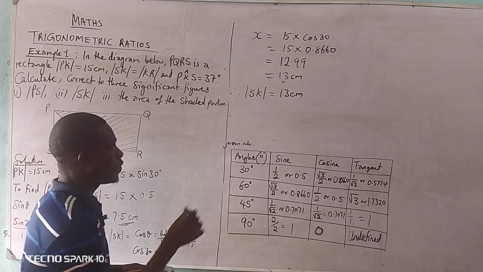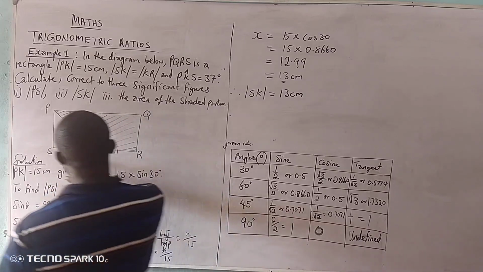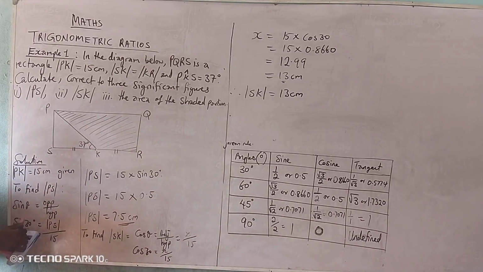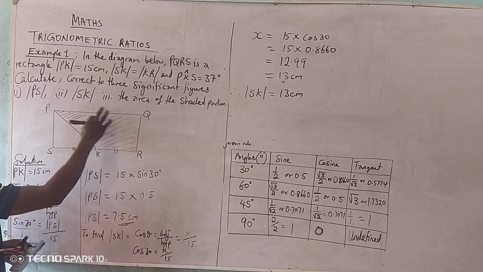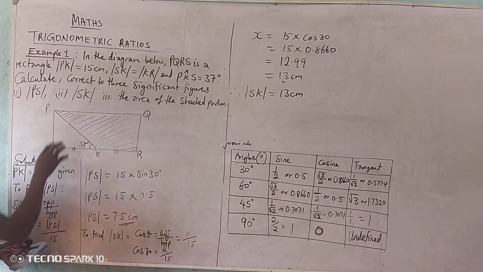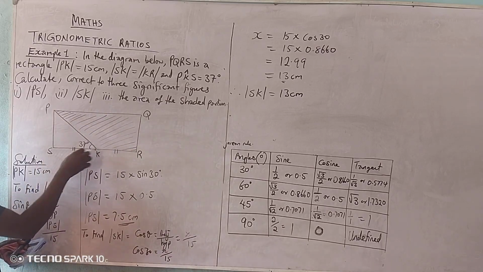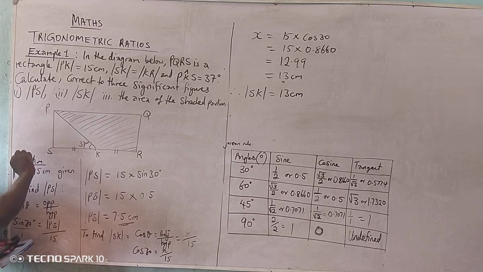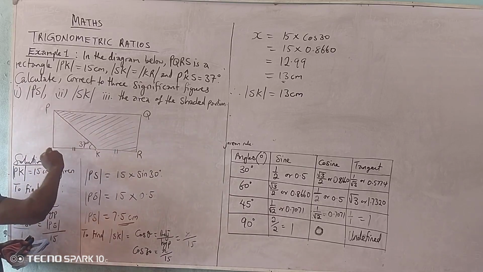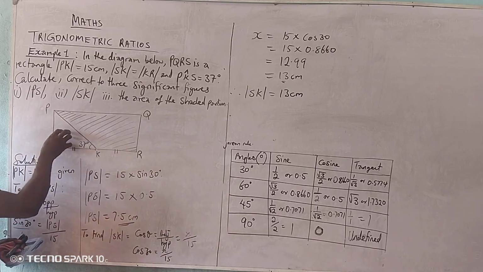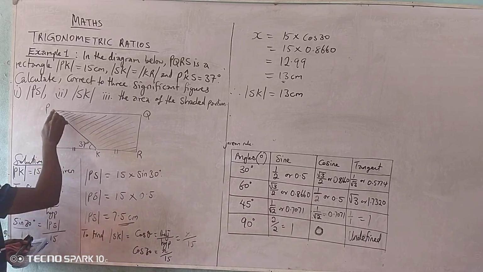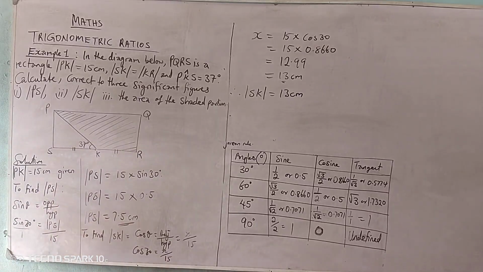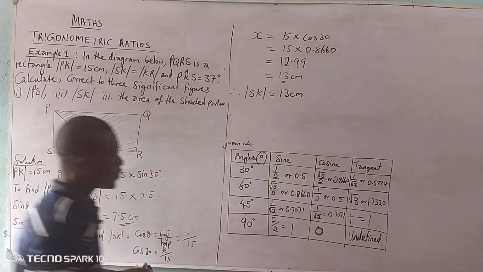To find the area of the shaded portion, we either find the area of the whole rectangle, then subtract the area of the triangle from it, or we simply find the area of the trapezium. So I'm going to use both formulas to solve this.